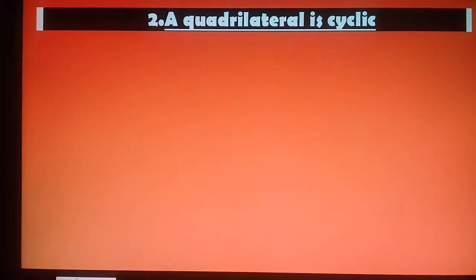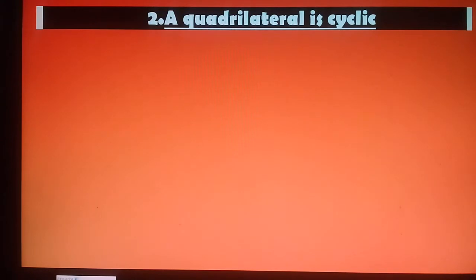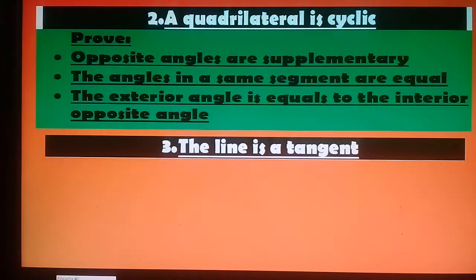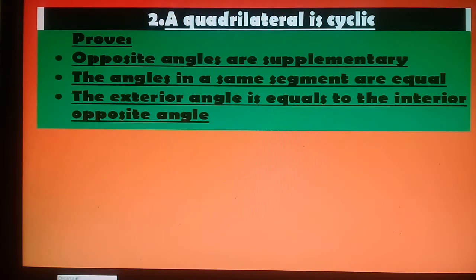Okay, now let's just move on. If they say prove that a quadrilateral is cyclic, what are we looking at? I told you that to prove a cyclic quadrilateral, we are looking for three things. Number one, if a quadrilateral is cyclic, then opposite angles are supplementary.